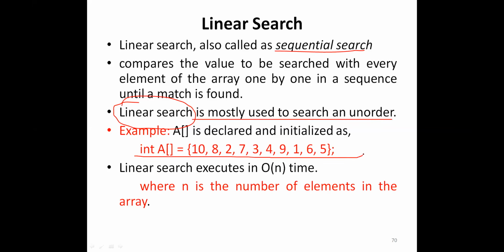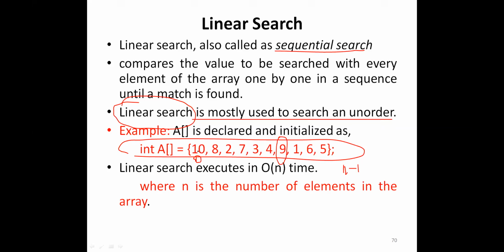So this is a given array example. I'm going to search for the element 9. What will I perform according to linear search? First it takes the 0th index, and I will search up to n minus 1. First I check a of 0, whether it is matching or not.